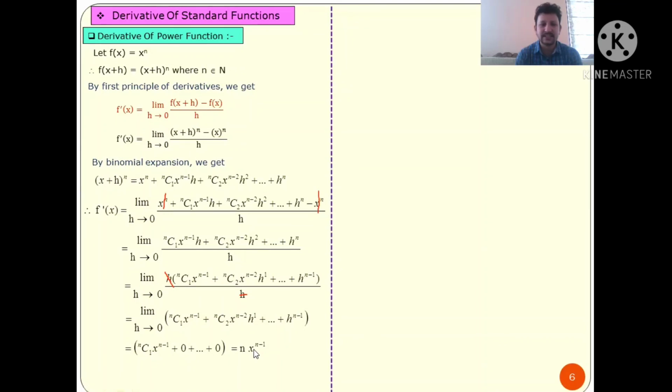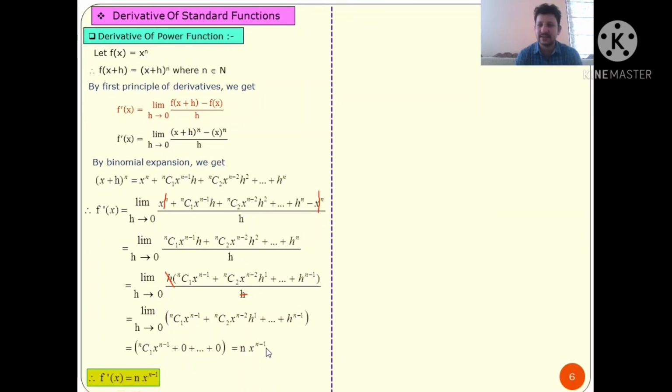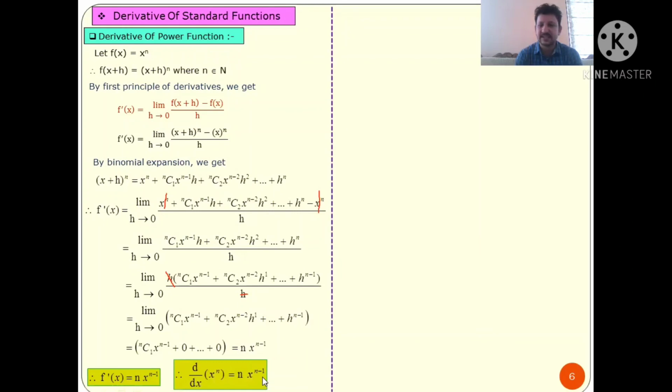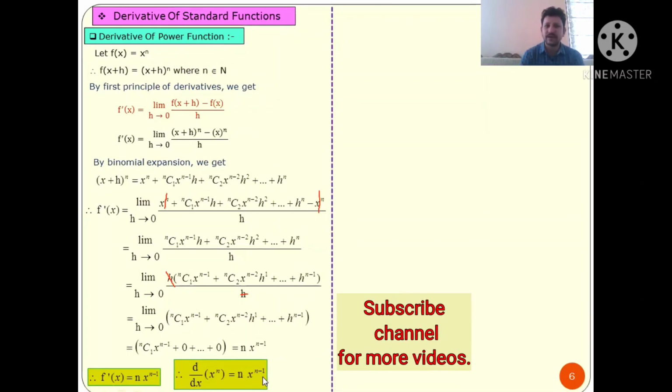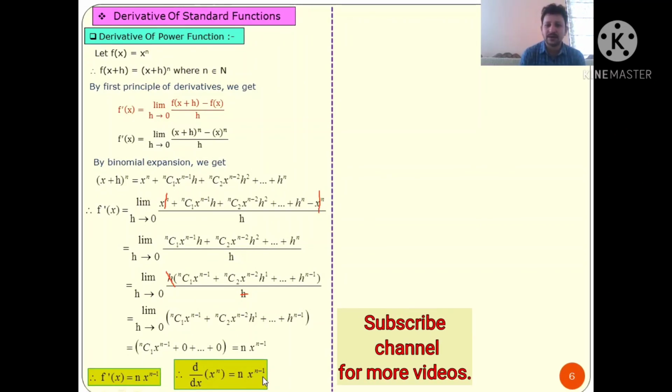This is the value for f dash of x, that is, the derivative of function f of x equal to x raised to n. Its answer is n times x raised to n minus 1. Also expressed as derivative d by dx of function x raised to n, the answer is n times x raised to n minus 1. The first problem you have seen is the derivative of a power function.